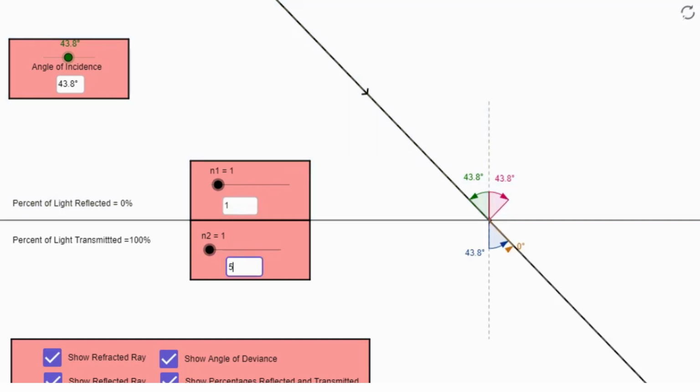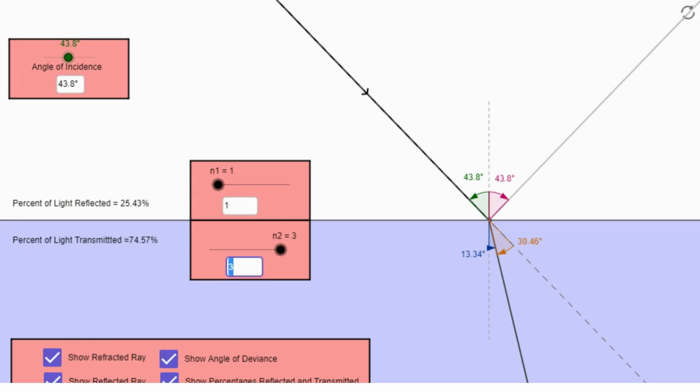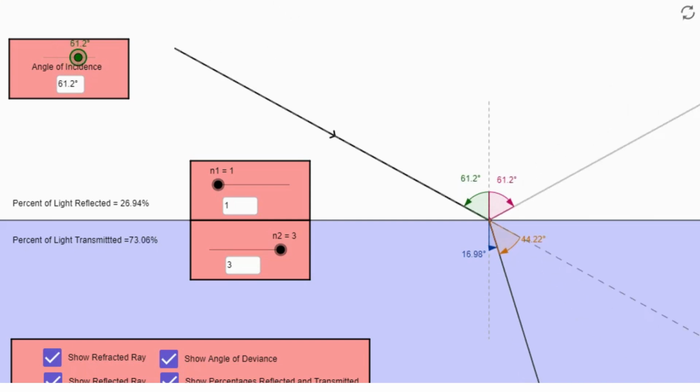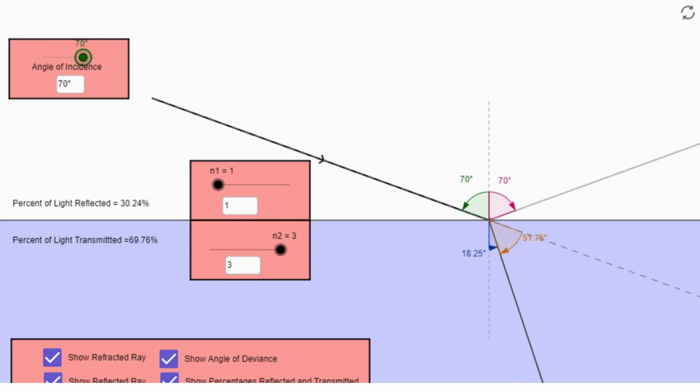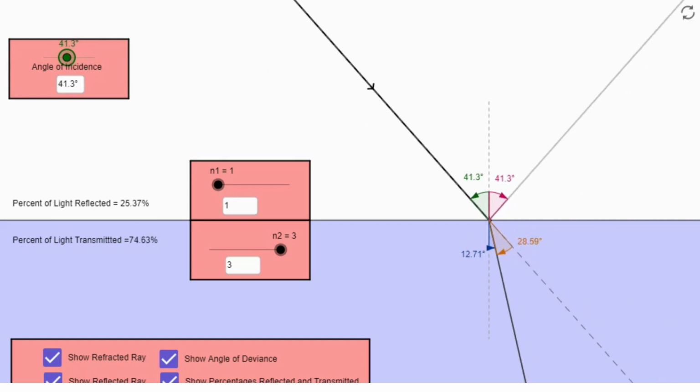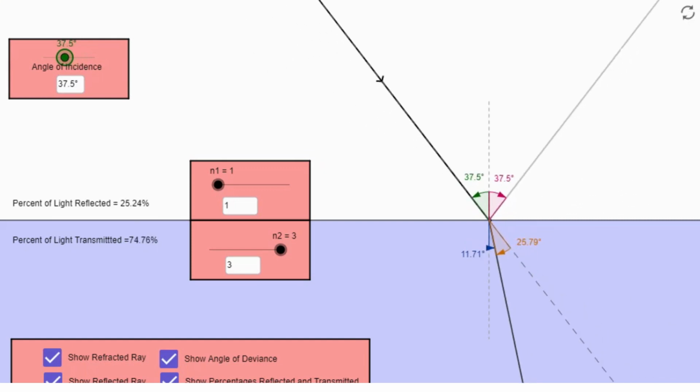So transmitting from rarer to denser, the light ray always bends towards the normal. Though we increase the angle of incidence, we don't observe any total internal reflection when transmitting from rarer to denser.